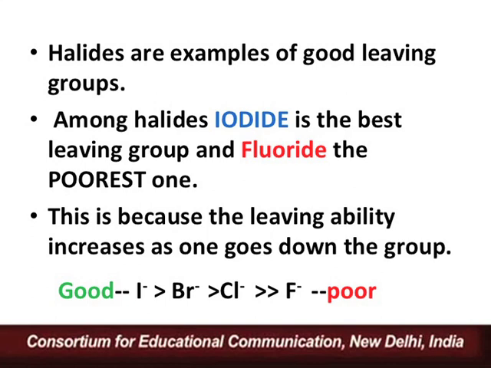This is because the leaving ability increases as one goes down the group. As one goes down the group, the size of the atom increases, and it is able to delocalize or disperse the negative charge more efficiently.